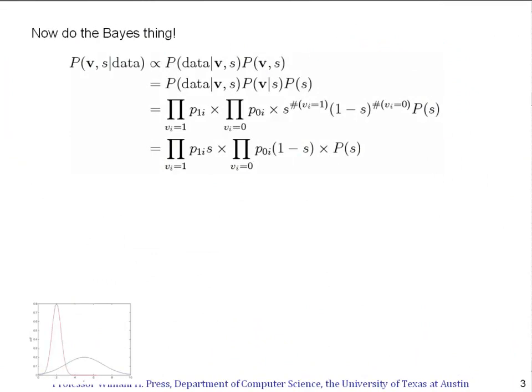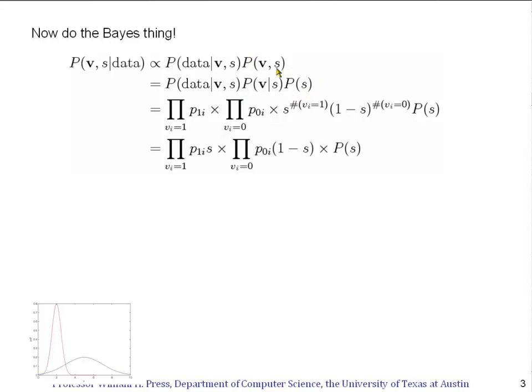So now we do the Bayes thing. We want to know the probability of the parameters, v and s, given the data. That's proportional to the probability of the data times the prior on the joint probability of v and s. Now, because this is a joint probability, it's going to be useful if we write this out as a product of conditional probabilities here.